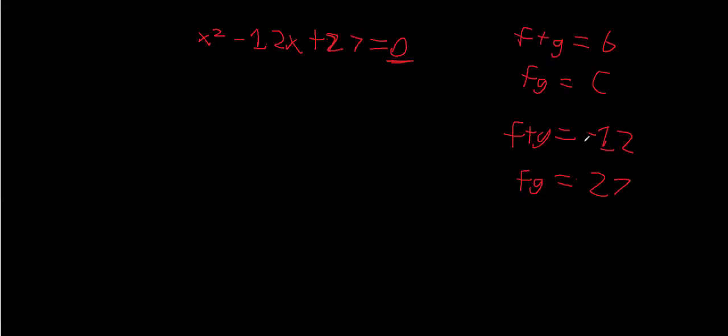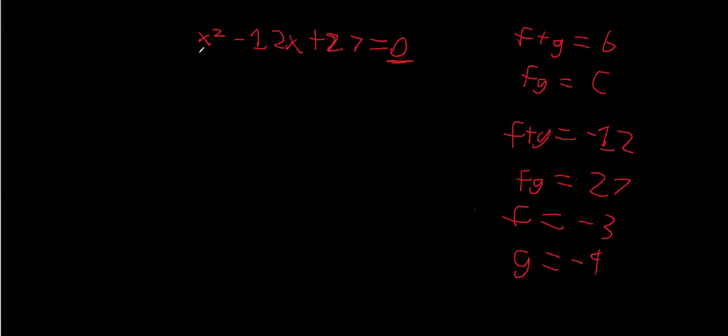Hopefully when you look at the equation more closely, you'll notice that negative 3 and negative 9 fit the bill, because negative 3 minus 9 is equal to negative 12, and negative 3 times negative 9 is equal to 27. So therefore the f has to equal negative 3, and the g has to equal negative 9.